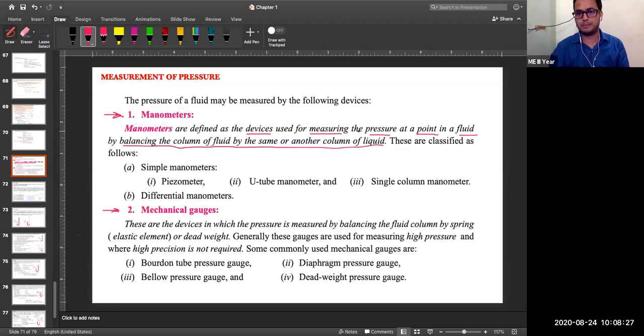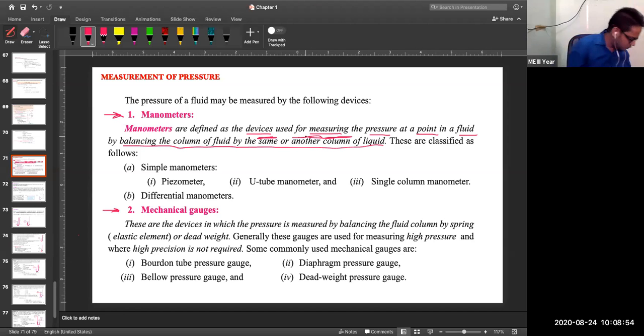Measuring the pressure at a point in a fluid by balancing the column of fluid by the same liquid, as in the example I have given, or also we can do it for another liquid. When we see the different types of manometers, we will see the difference between the same liquid and another liquid.